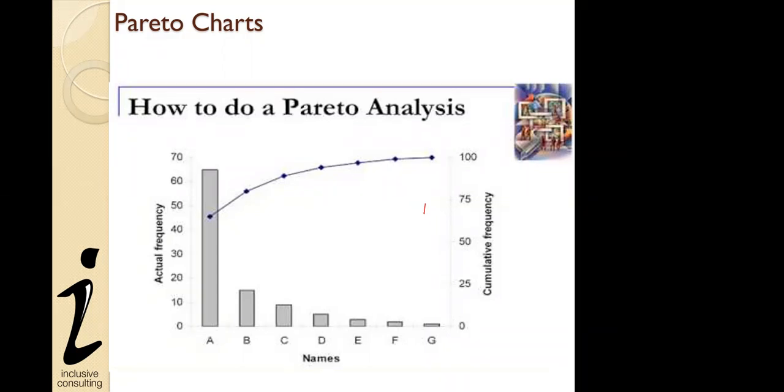It identifies all the possible options or causes A, B, C, D, E, F, G, and looks at the frequency at which they are occurring and where I achieve the 80% result. And I stop at that. So for example, if I'm achieving 80% at D, I stop at addressing only these 4 causes right now and forget about the rest. Just focus on these 4 causes, get my 80% result, and then I can move on to the next ones.